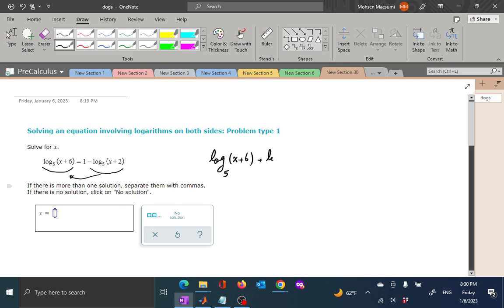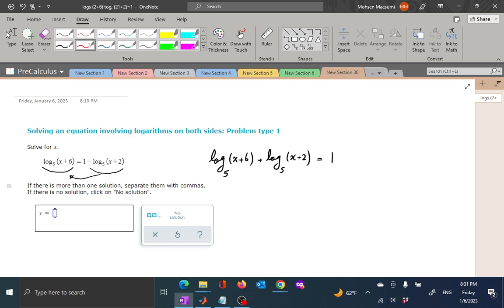So I'll have logarithm of x plus 2 in base 5, and that is equal to 1. Okay, so first we rearranged so that the logarithms and x's are on the same side.